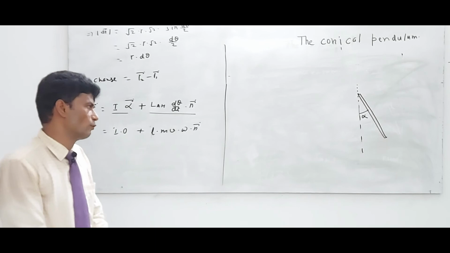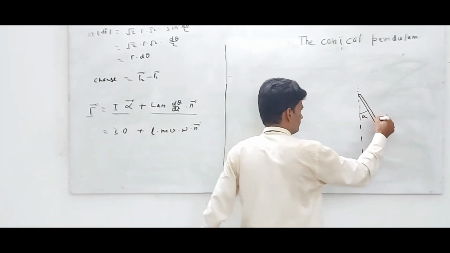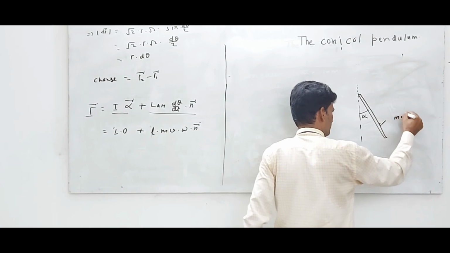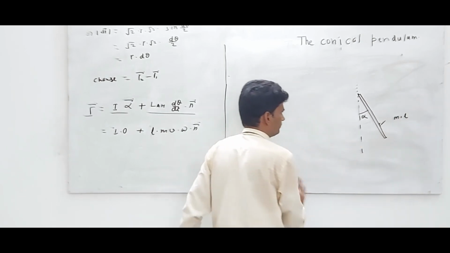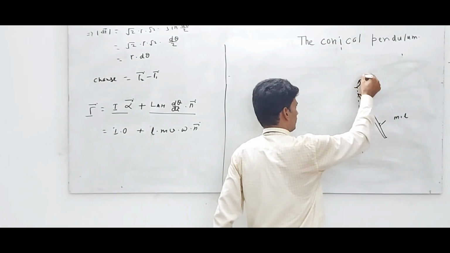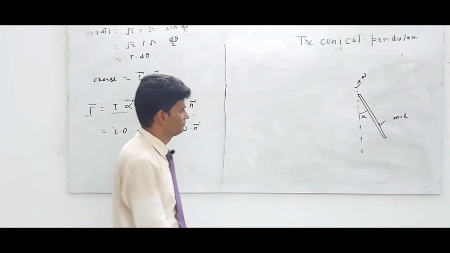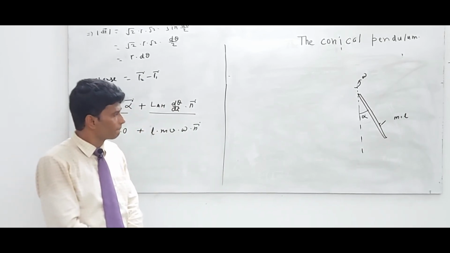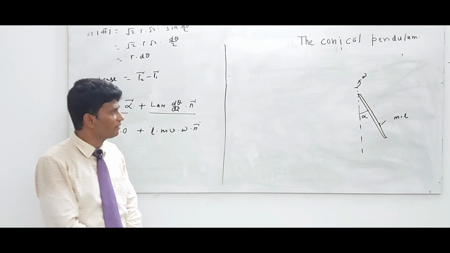The rod has mass m, length L, rotating with the constant angular velocity omega. We have to find this angle alpha.